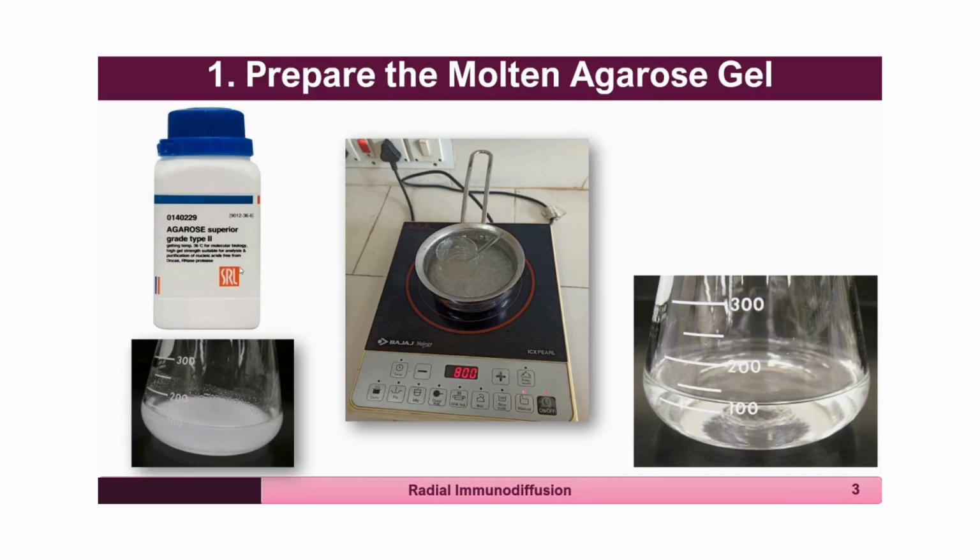Initially, you take the required quantity of agarose, that is 2% agarose, and that 2% agarose should be taken in suitable quantity of the buffer, and then that has to be heated on a hot plate at a very low heat. If it is a stove, you heat it at a very low heat. Or you use a water bath as a precautionary measure and keep the agarose mixed in the buffer in the boiling water bath.